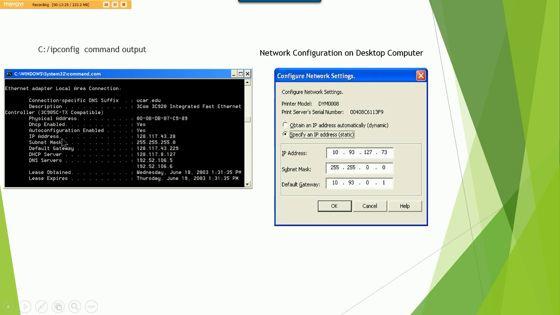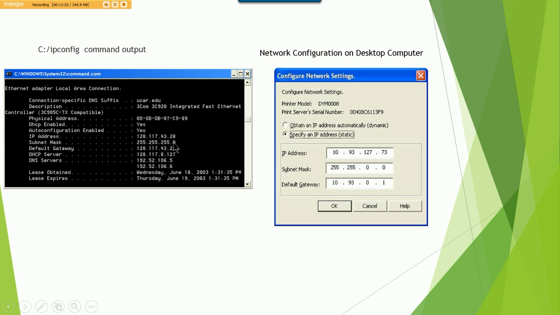And you will see here the IP address of this computer is 128.117.43.28. This is in dotted decimal notation. It has a subnet mask of 255.255.255.0. So we know this is a 24-bit subnet mask.